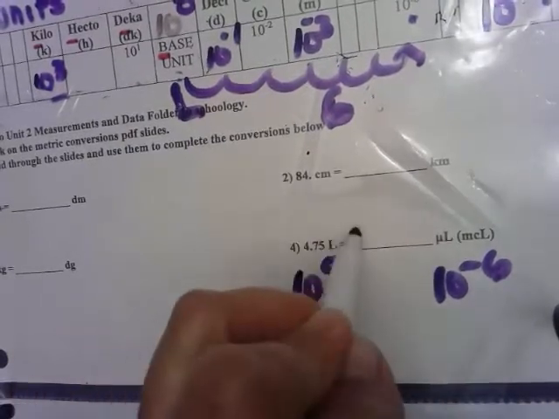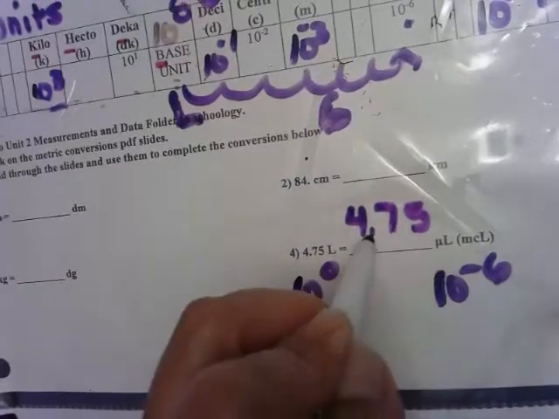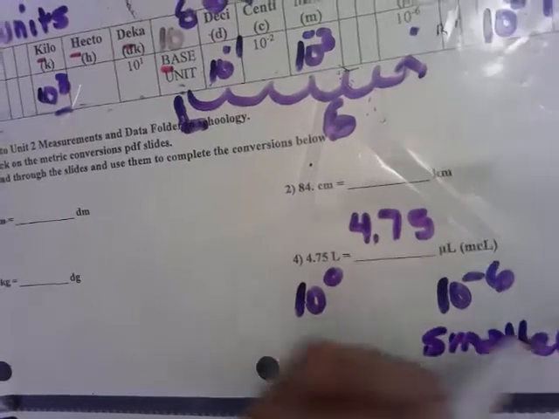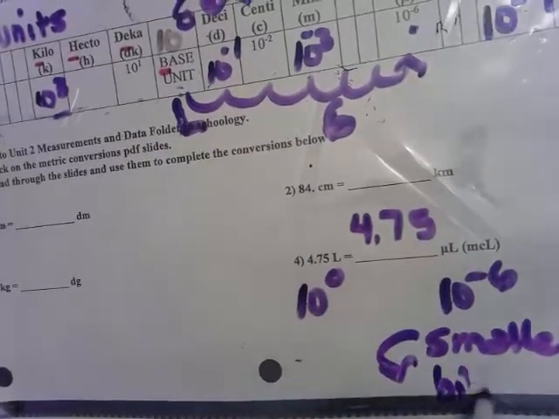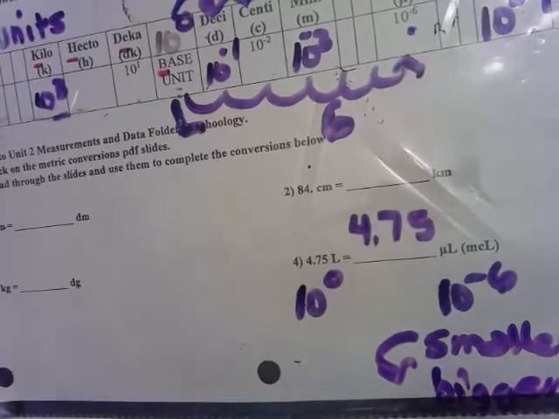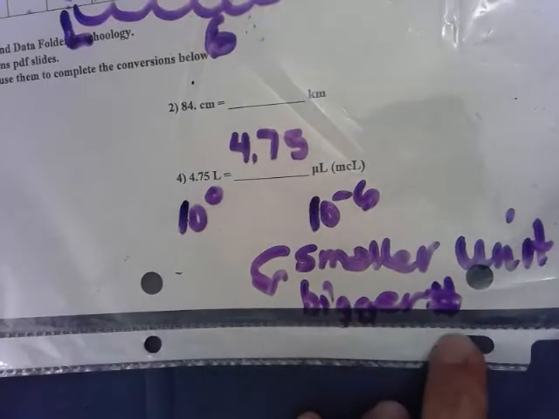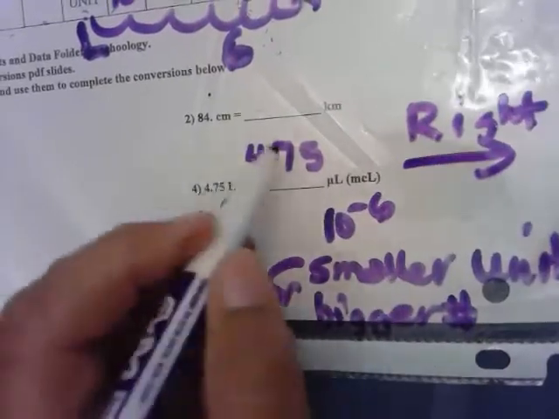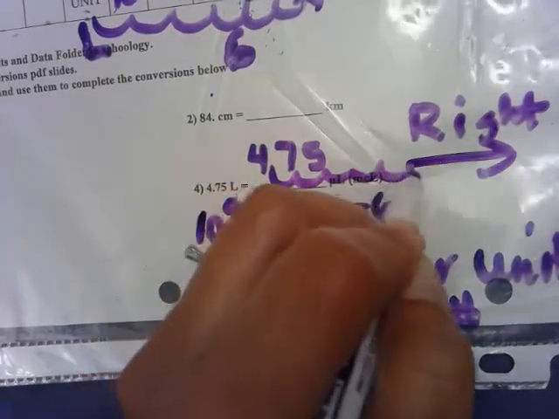That means you're going to take the 4.75 and move it 6 places to the right, because now this is a smaller unit, and smaller units have to become a bigger number. So you're going to move it to the right.